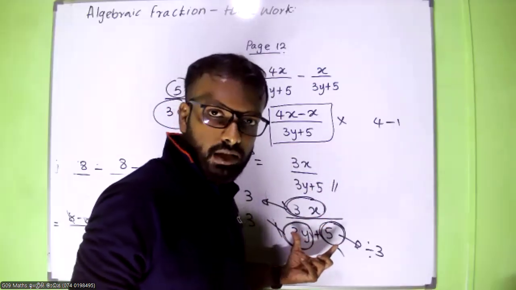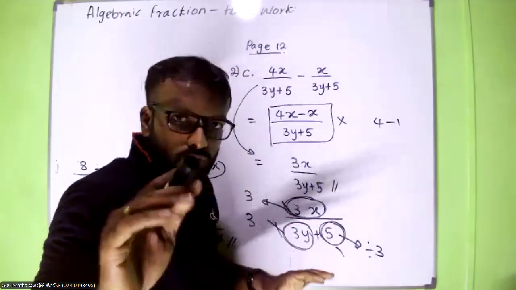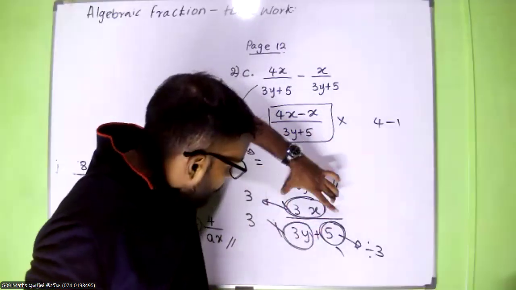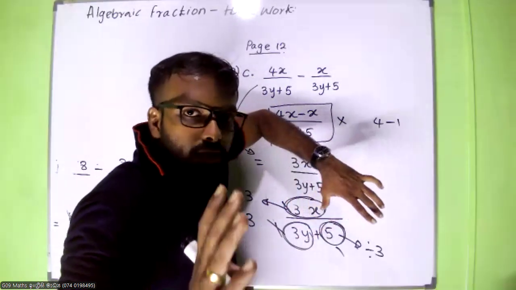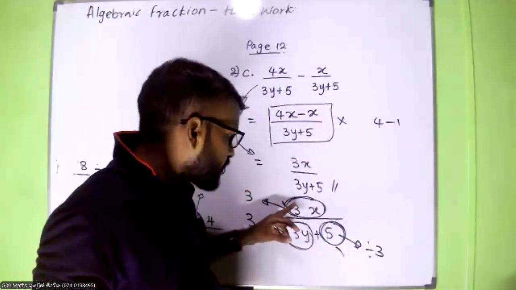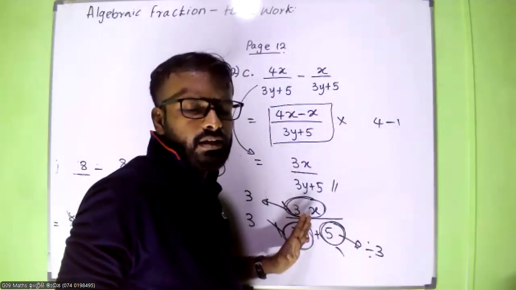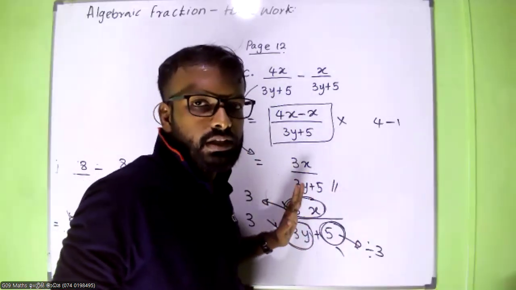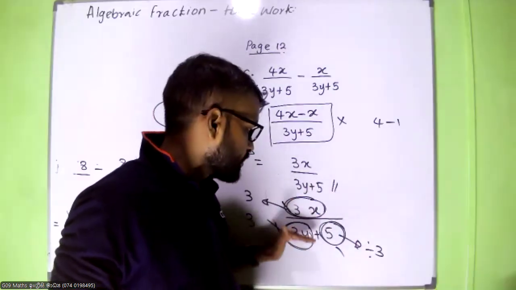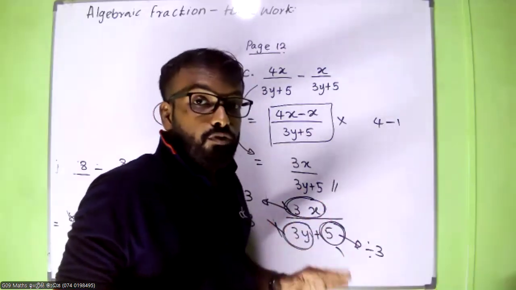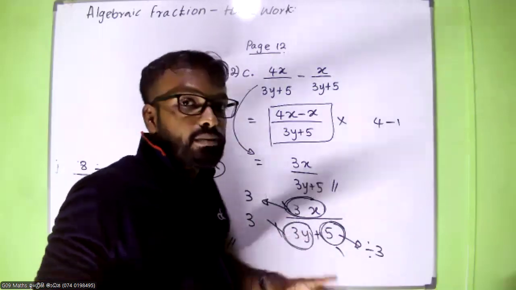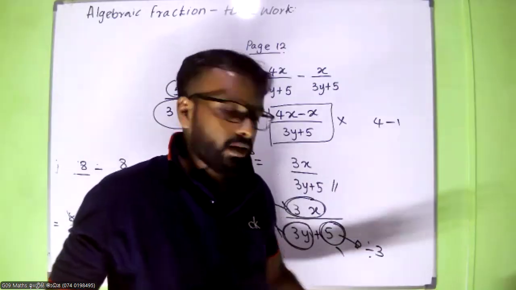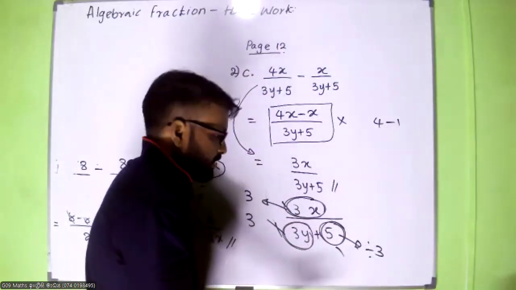So Yusuf and all the others, if you have a common factor for all of the terms inside this fraction, then you can get the simplest form and divide. But if you have a common term only for this term and this term, you can never simplify. Because here you have 3, here you have 3.